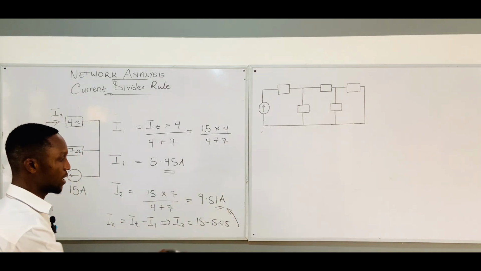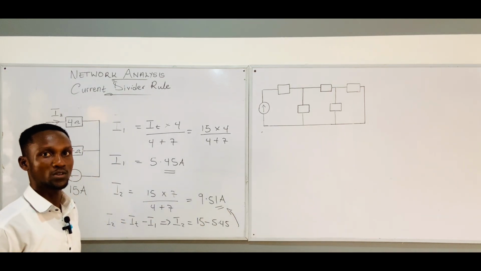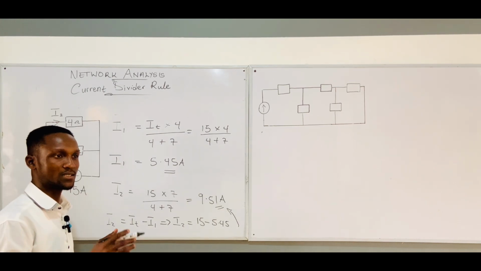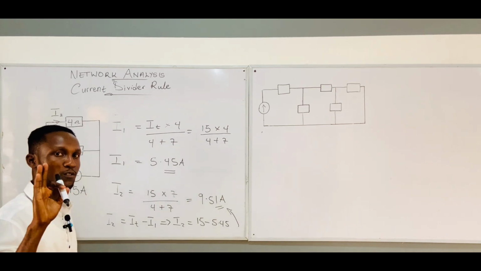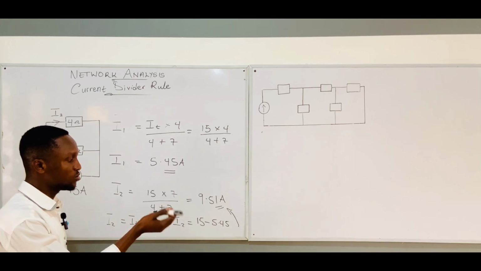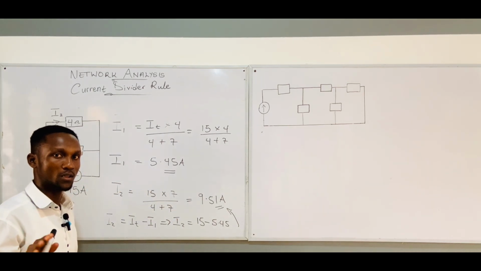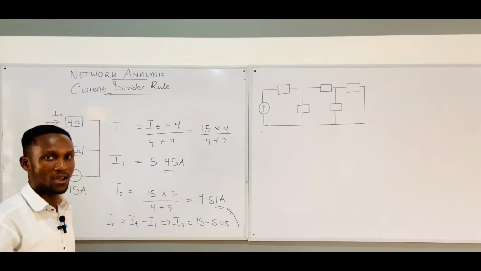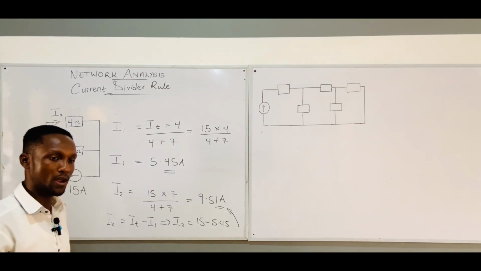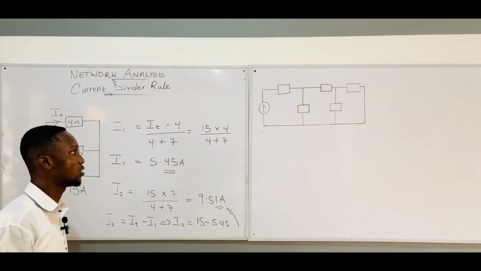Once you subtract, you can round to 2 decimal places. But usually, when you are working on this, work with 4 decimal places, since you'll be using the answer for other calculations. Later on, you round the final answer to 2 decimal or 1 decimal place, depending on what you want to do.